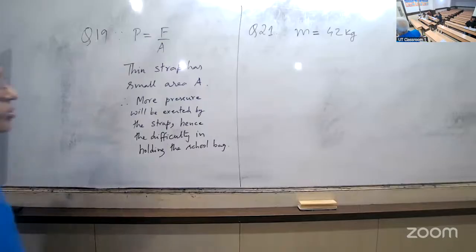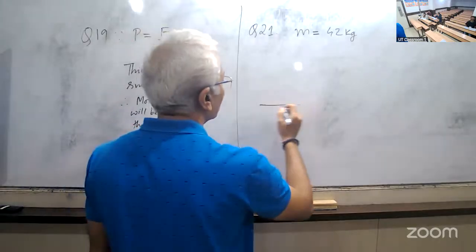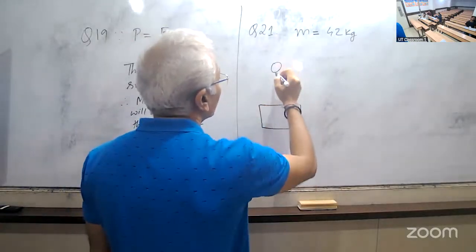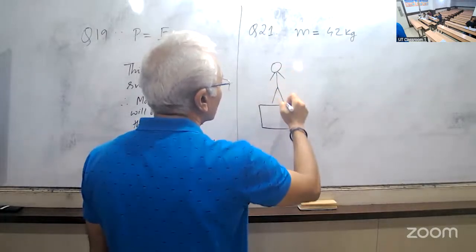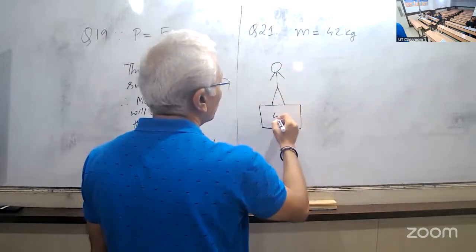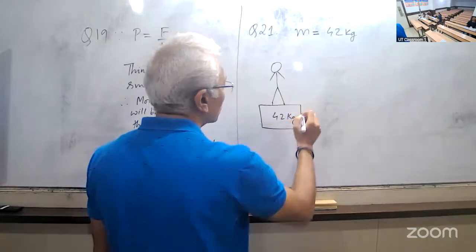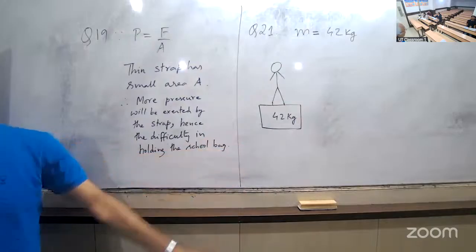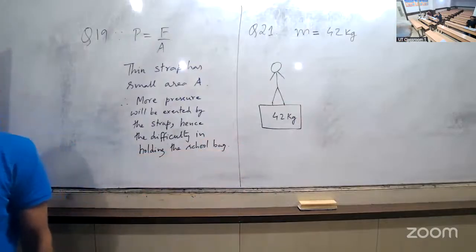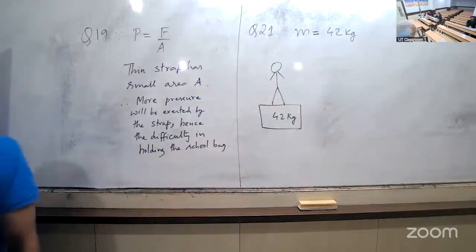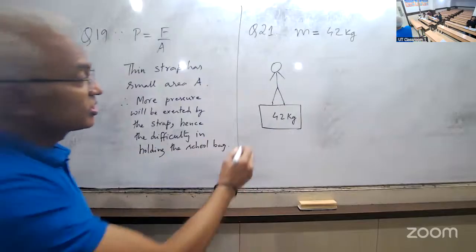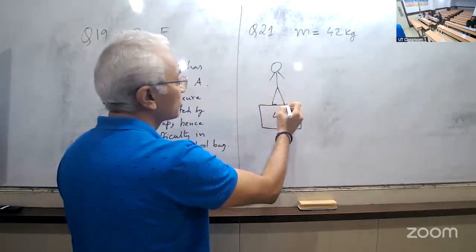So what it is trying to say is, you have a weighing machine. When you stand on it, it shows 42 kg. So is your mass actually 42 kg or less? Or is it more? Is the machine showing the exact mass? That's the question.